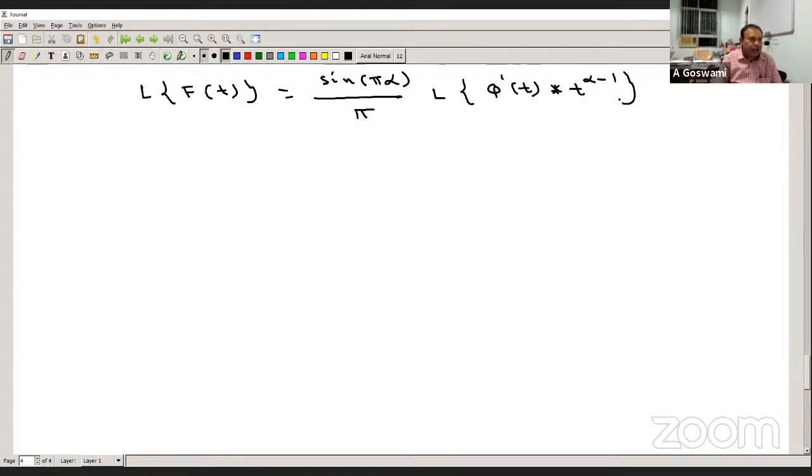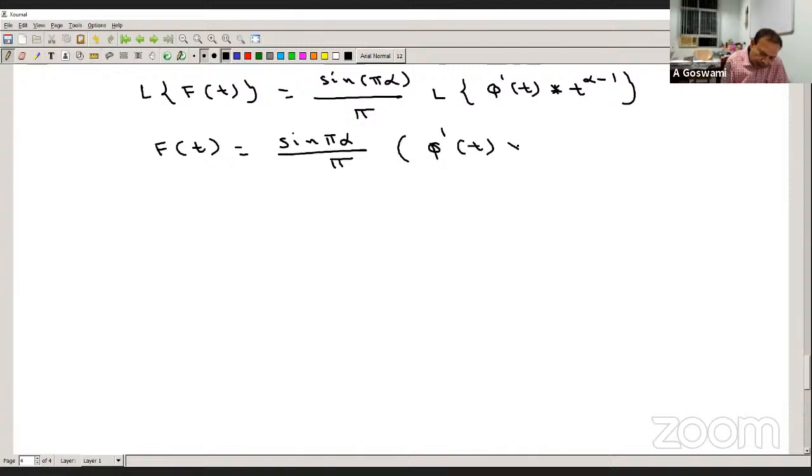So now on this, if you take the inverse Laplace transform on both sides, then you will obtain f(t) equals sine pi alpha by pi into phi dash t convolution t to the power alpha minus 1, just taking the inverse Laplace transform.